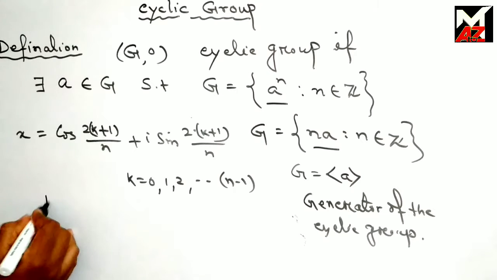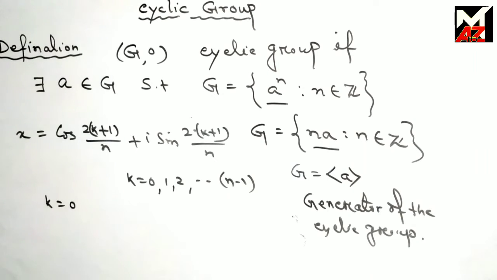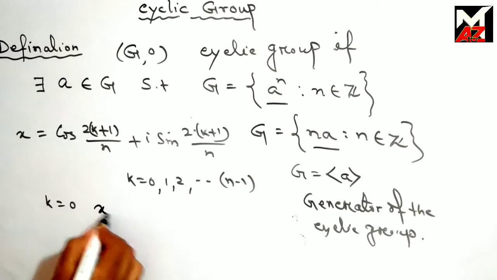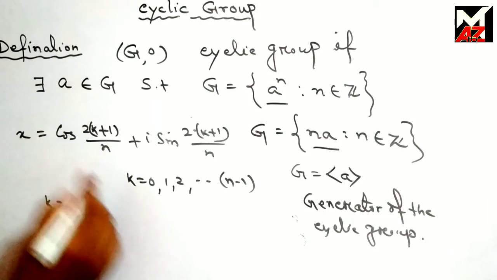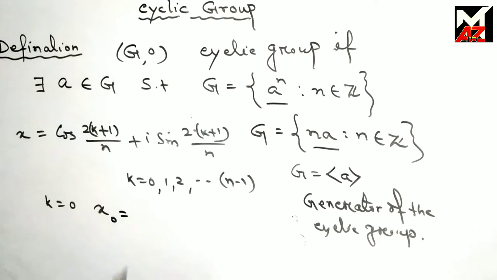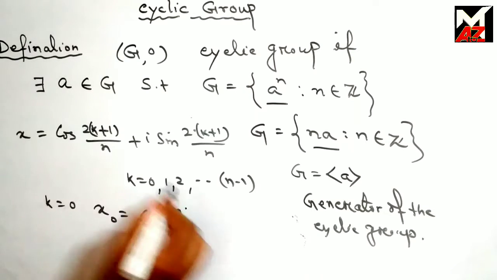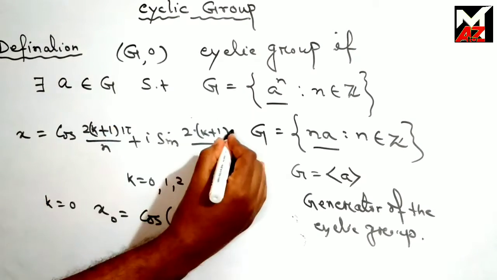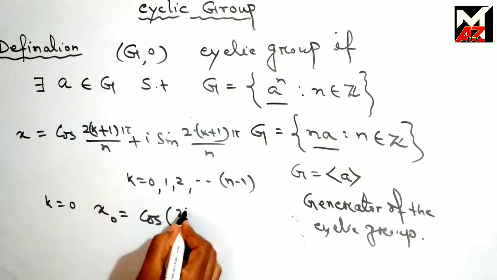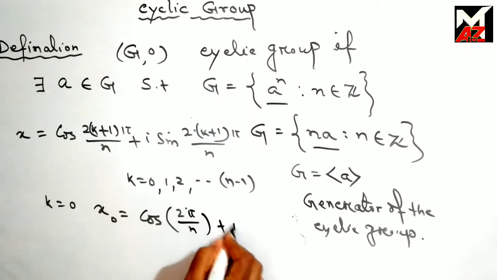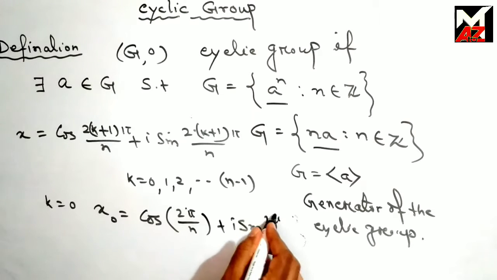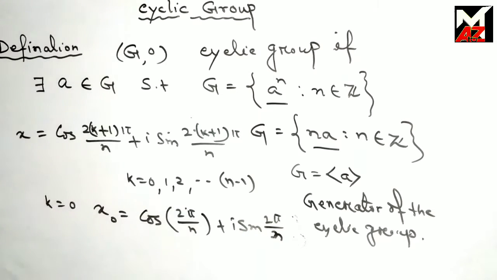If we take k equal to 0, then we get the value of x, and we name this x0. This is cos 2 pi by n plus i sine 2 pi by n.